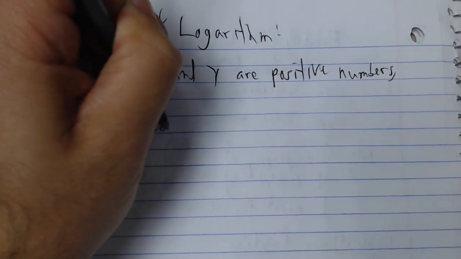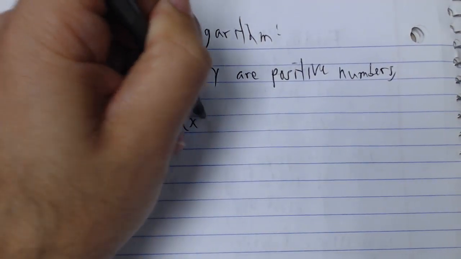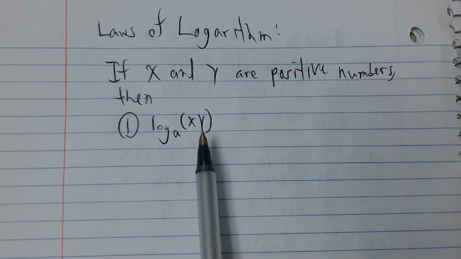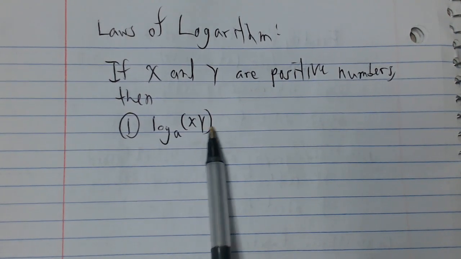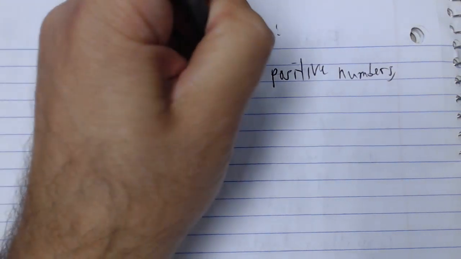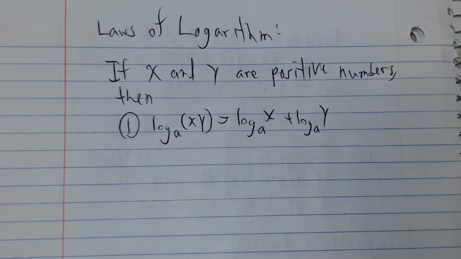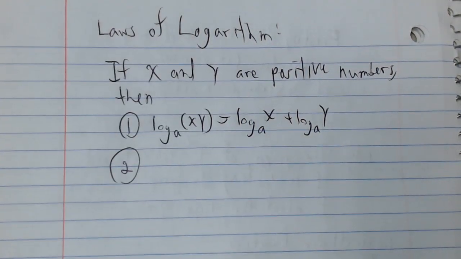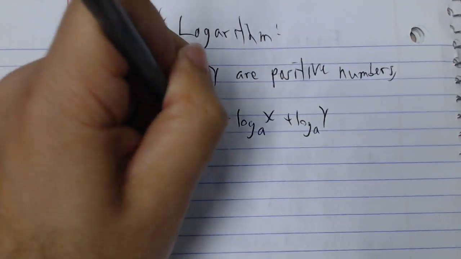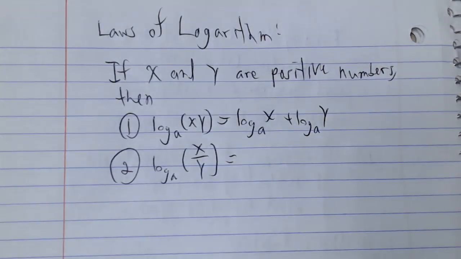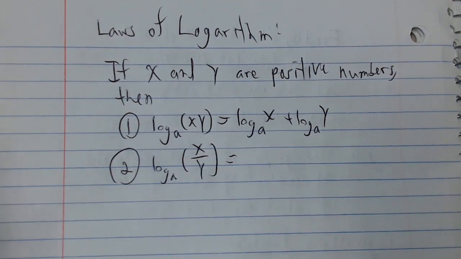The first one is log base a of x times y. If you remember, the multiplication of these we could break up as addition. So this breaks up to log base a of x plus log base a of y. The second property we had was log base a of x divided by y. If you remember, division was broken up by subtraction.